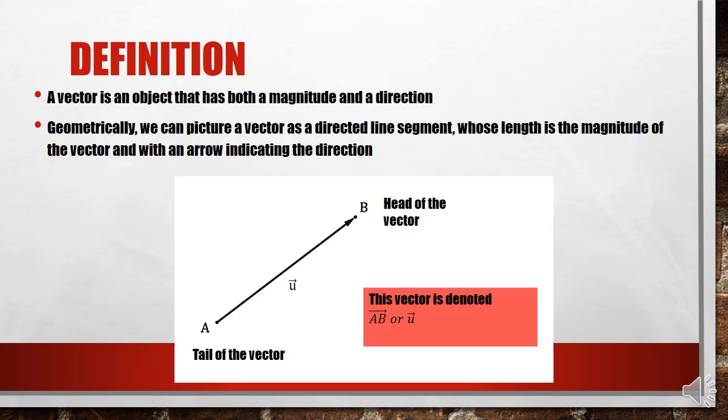Okay, the definition of vector. A vector is an object that has both a magnitude and a direction. While scalar only has a magnitude.